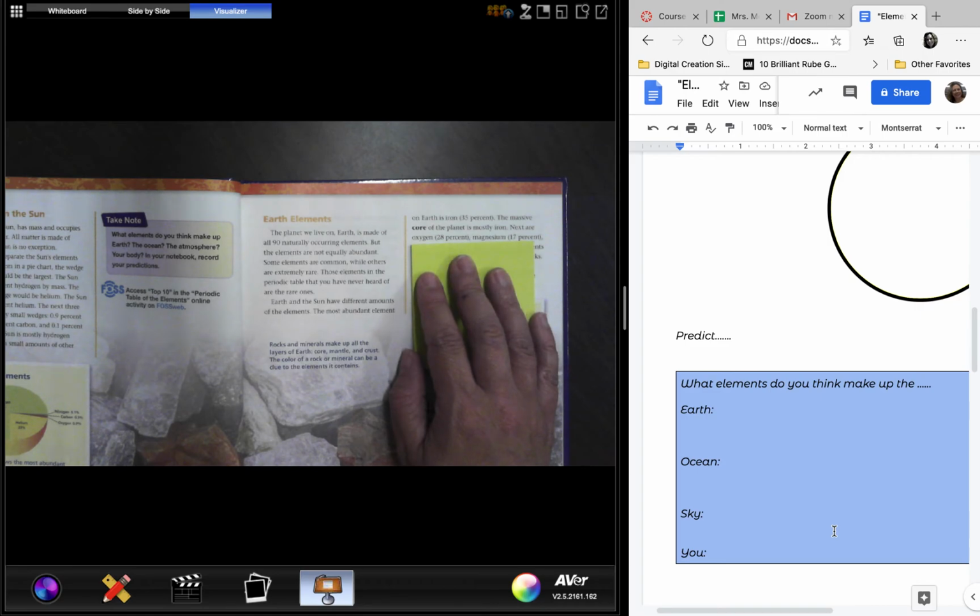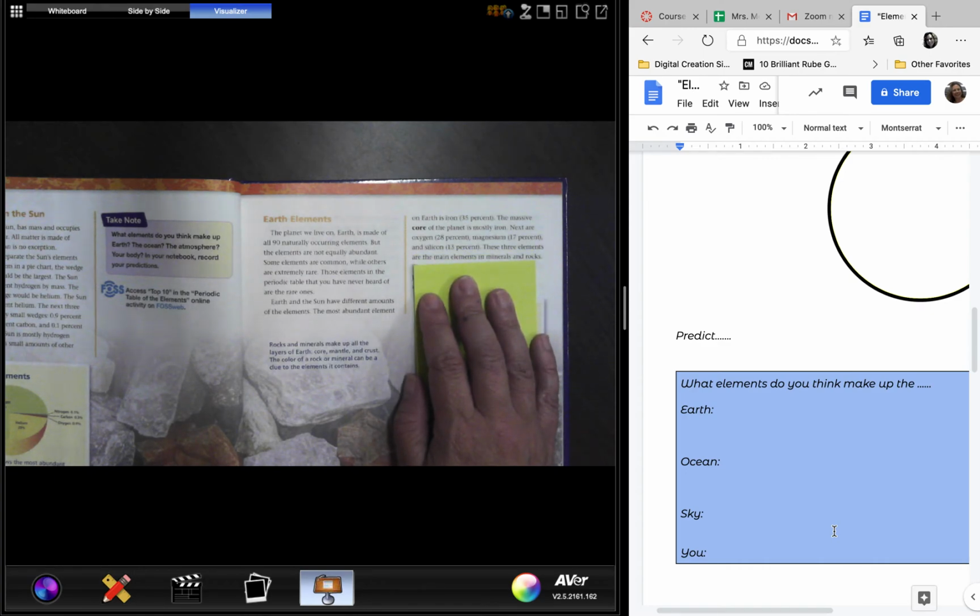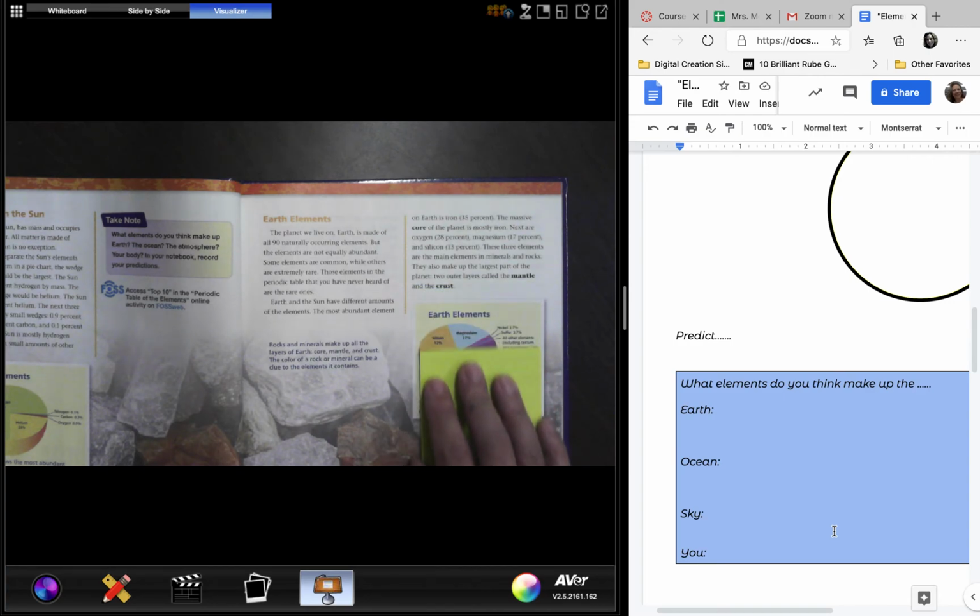Next are oxygen, 28%, magnesium, 17%, and silicon, 13%. These three elements are the main elements in minerals and rocks. They also make up the largest part of the planet, the outer layers called the mantle and the crust.